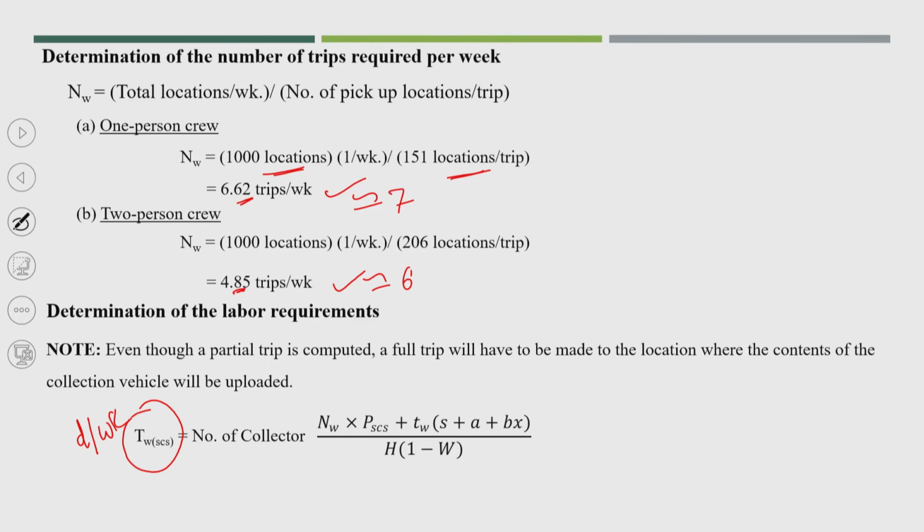That labor requirement we can calculate by: number of collectors NW into (PSCS plus TW) into (S plus A plus Bx) divided by H into (1 minus W). Here the NW we already calculated, and the TW we can put as 7 in the 1 person crew, and 6 in the 2 person crew.